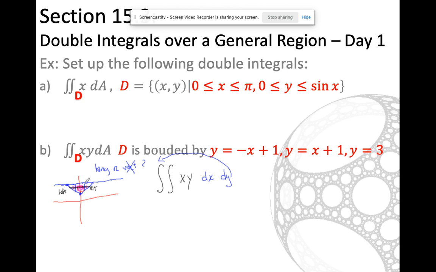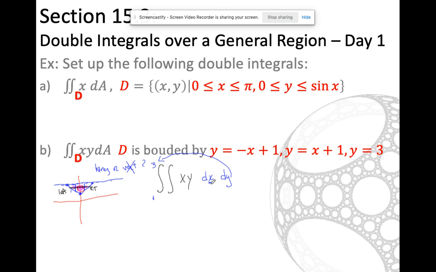Well, what is the y constant? 3 up here. And where did it start? What's your lowest y? 1. Then how about here?